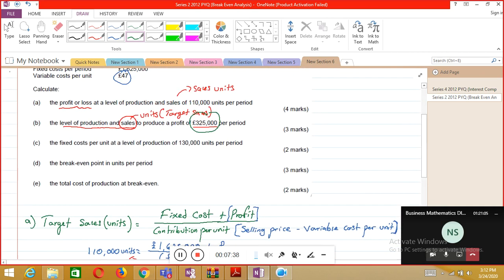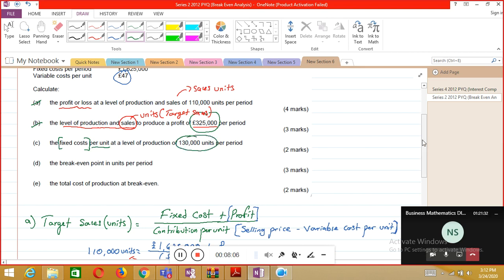We're done. So A is done, B is done. Let's move on to C now. Look at that. Fixed cost per unit at level of production 130,000. So now we need to find a fixed cost per unit, not the total. And the level of production is 130,000 units.